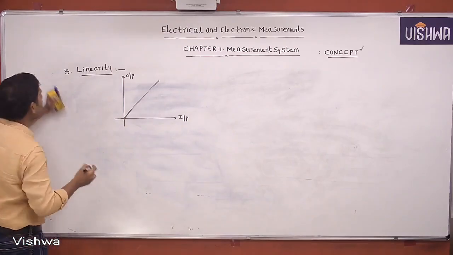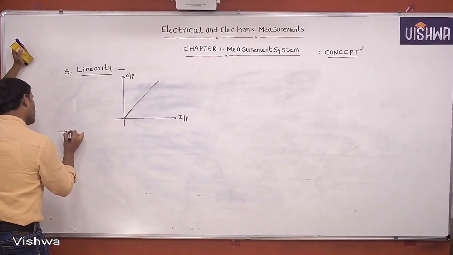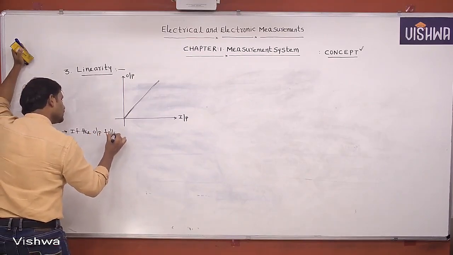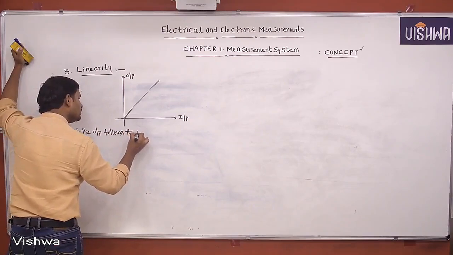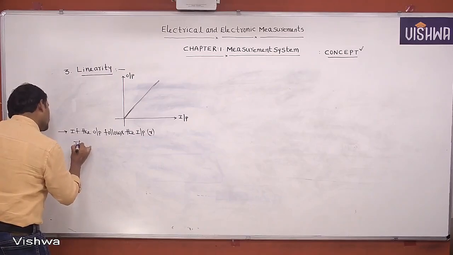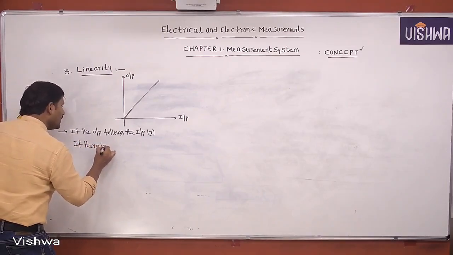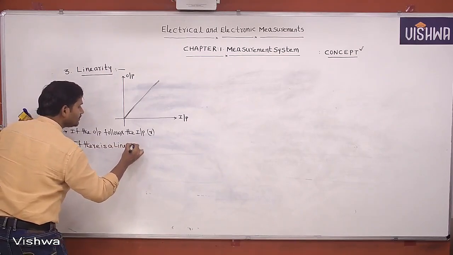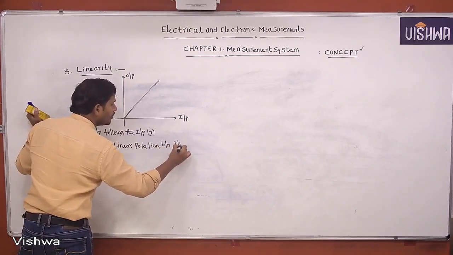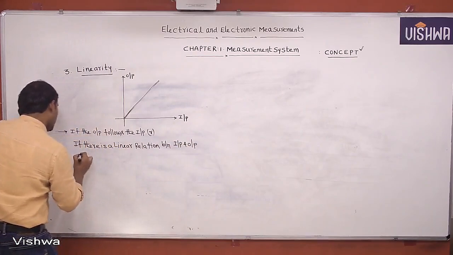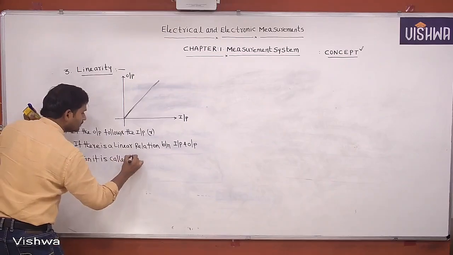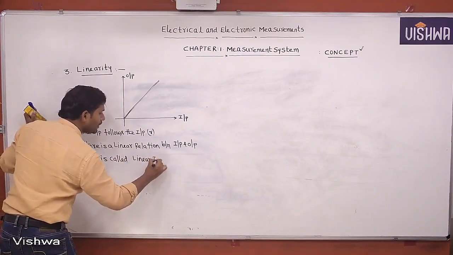That is how to define linearity of an instrument: if the output follows the input, or if there is a linear relation between input and output, then it is called a linear instrument.